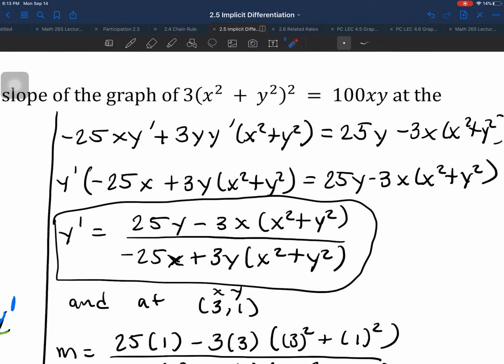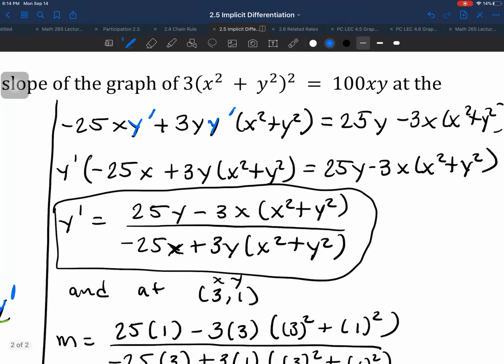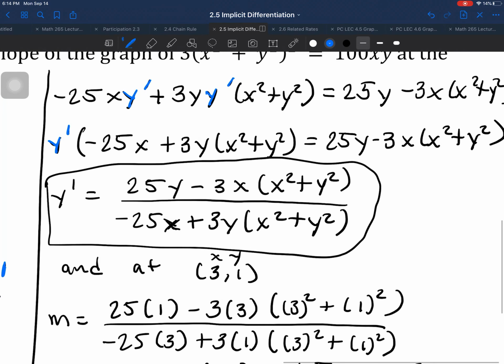Now notice again, let me put this in a different color. Y prime is part of both terms. It's a factor of both terms, which means it is a common factor. If it is a common factor, we can use basic algebra to factor y prime from both terms. What's left behind?